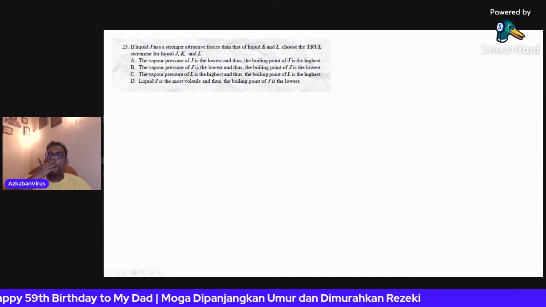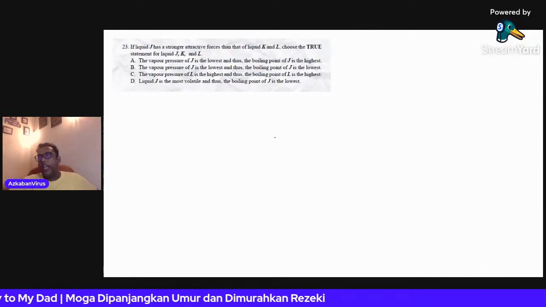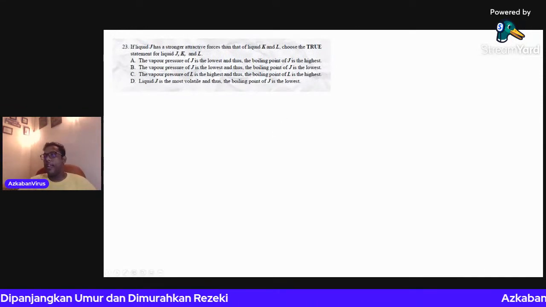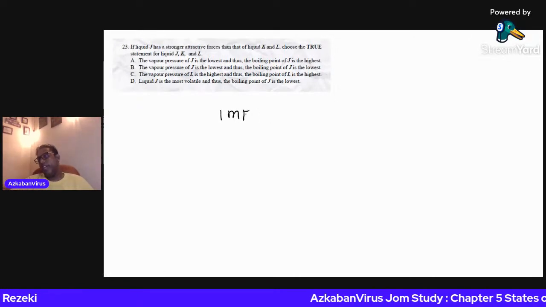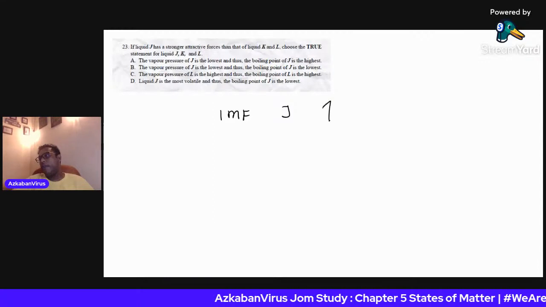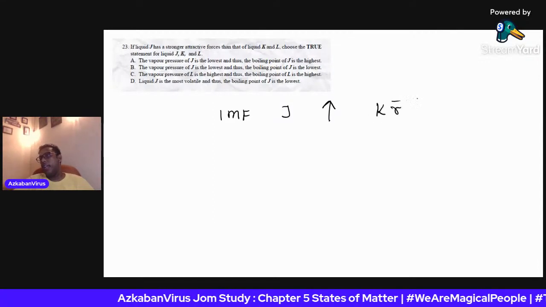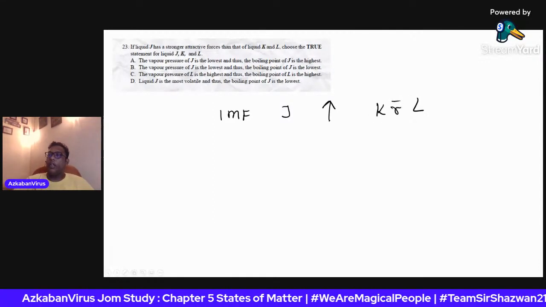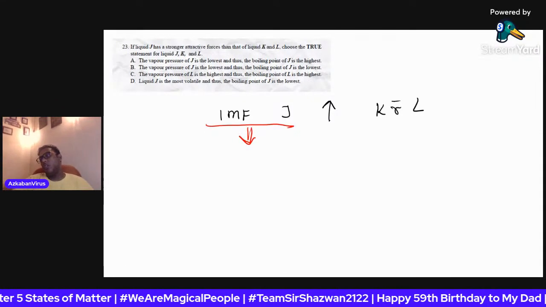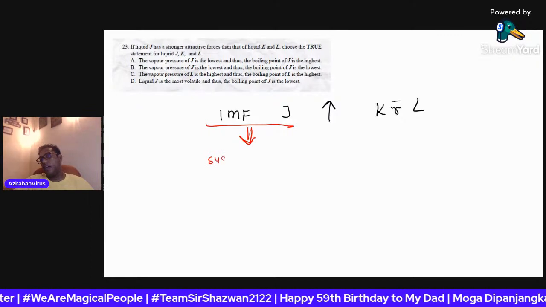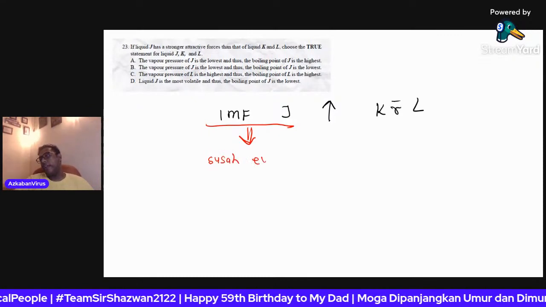Next one. If J has a strong attractive force than K and L, choose the statement. So, dia kata IMF of J lebih kuat berbanding K and L. Bermaksud, bila IMF kuat, susah evaporate.